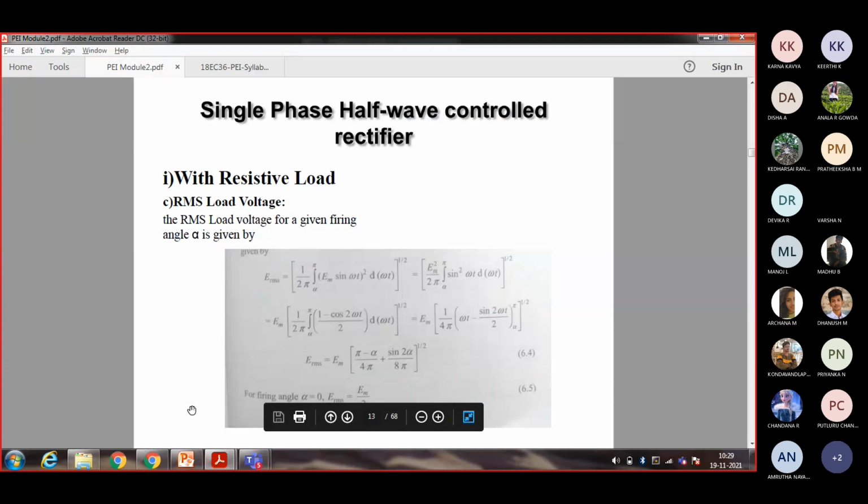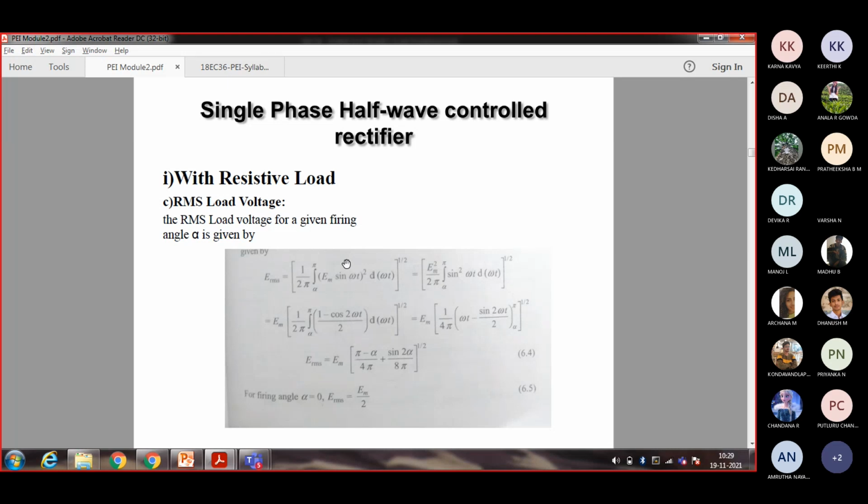The RMS load voltage for a given firing angle alpha is given by, you should use the same thing, that is the RMS value. RMS value means it should be the square root of the mean of the square. So 1 by 2 pi, integral from alpha to pi of Em sin omega t whole square d omega t, and the root of this entire thing.